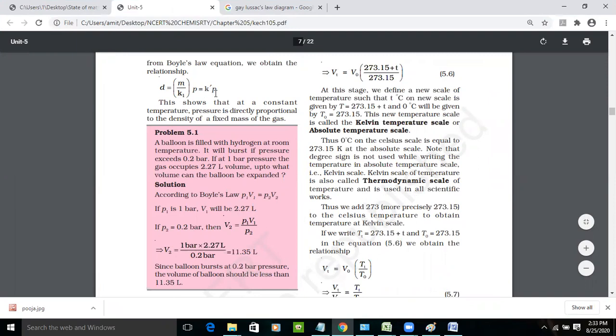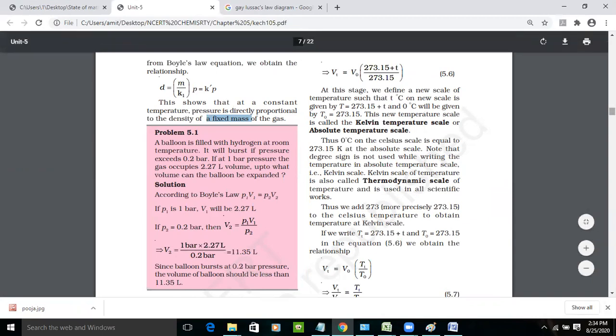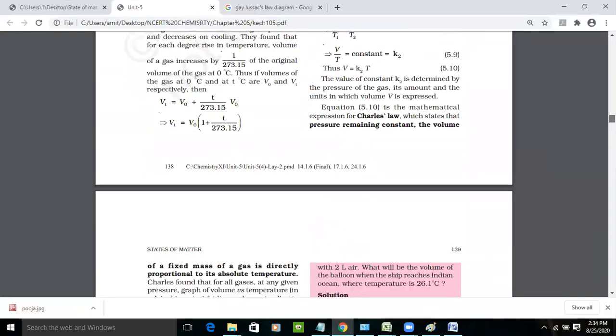So this is k dash P. Technically the density is equal to k dash P, where k dash is the constant. After giving his law, he clearly stated that at constant temperature and number of moles of gas, the pressure is directly proportional to the density of a fixed mass of gas. Fixed mass means we are talking about the number of moles present. So he said this in a clear way.